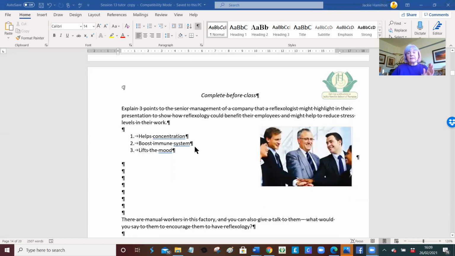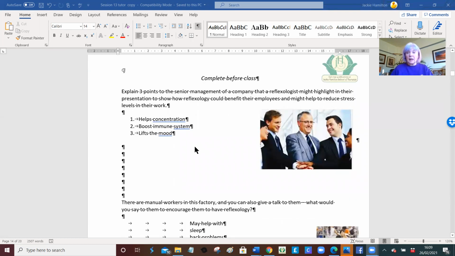Now, thinking of giving a talk to senior management of a company, a reflexologist would want to highlight the benefits for their employees that might help to reduce the stress levels. So if they want to pay for their employees, they're looking at the bottom line of what they are going to get from it. So think of those things.